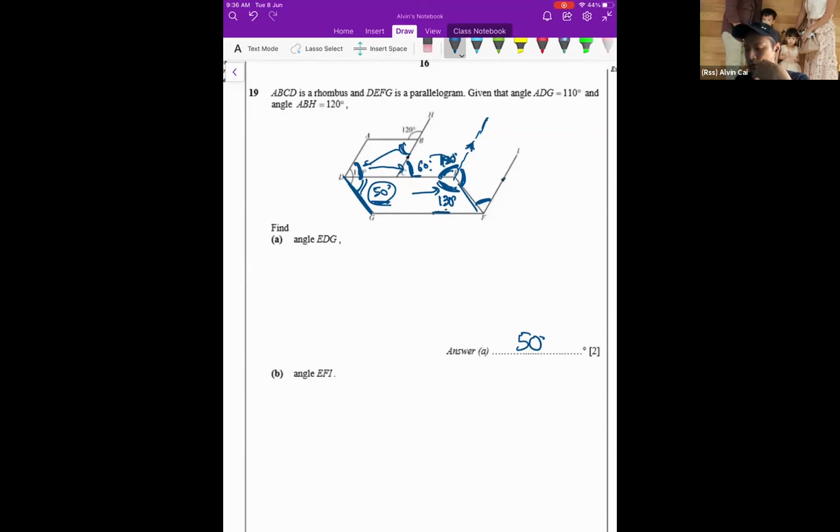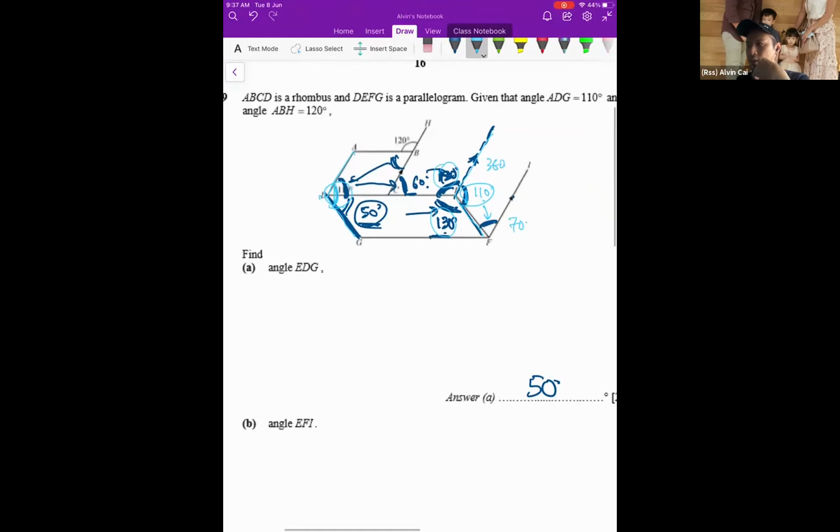With 120 and 130, we can find this: 360 minus these two, which is 250, so it's 110. Seems like it's a corresponding angle. 110, 110. If you can see that, you can actually do a shortcut. Then after 110 here, we can solve this, then this will be 70 degrees.